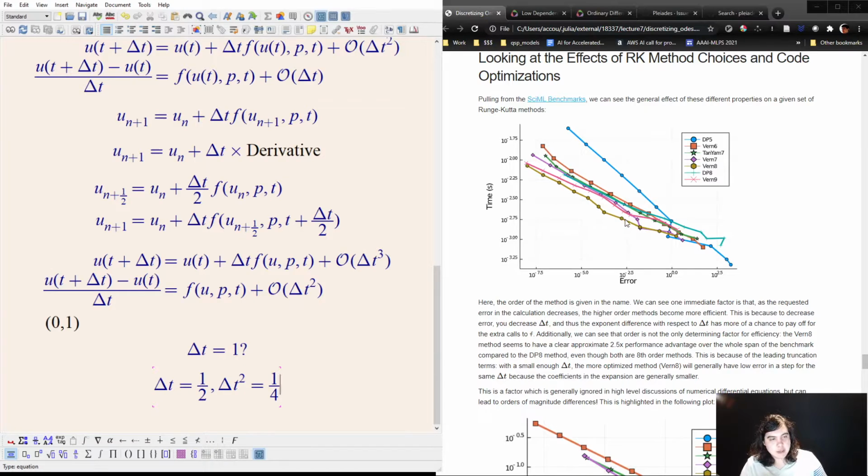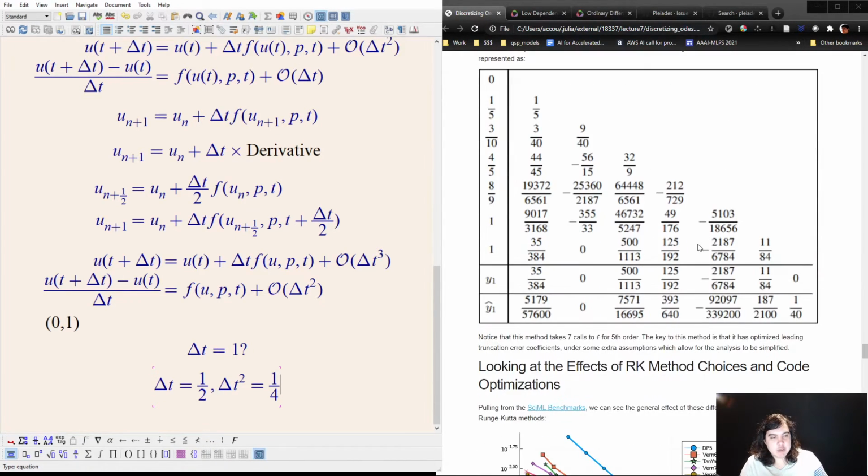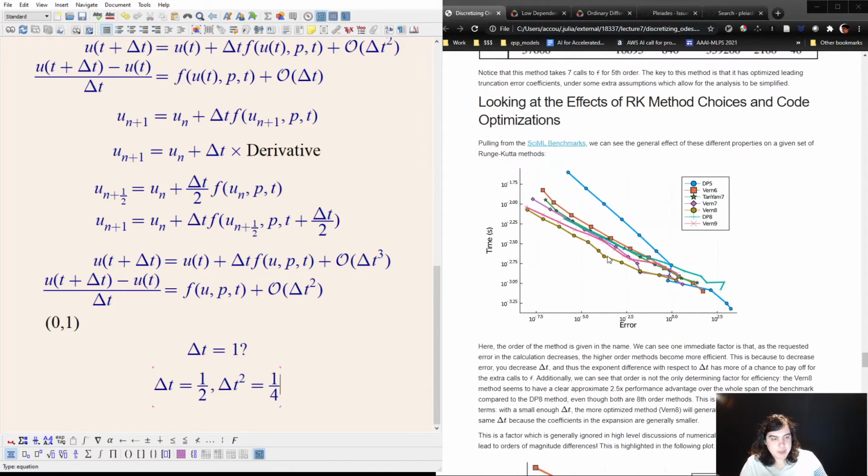And you can see that it can cause a pretty substantial performance difference, even though they're both methods that take the same number of function calls. It's just differences in the coefficients in the tableau that they choose. And so optimizing your tableau can make a pretty significant difference, and the choice of order is dependent on the error tolerance that you want for your solution. So those are two factors that can be read off from one plot.